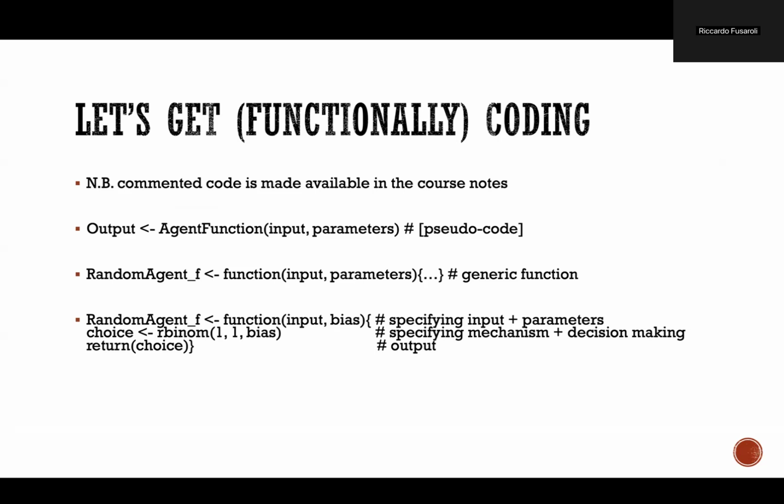And then we return the choice. Since this is a binomial function, that's going to be a 0 or a 1, right? Which we then can map onto the meaningful action space of our game, that is left or right. Is this clear? I know you've done some functional coding. I'm going slow, but please ask questions if there are questions.